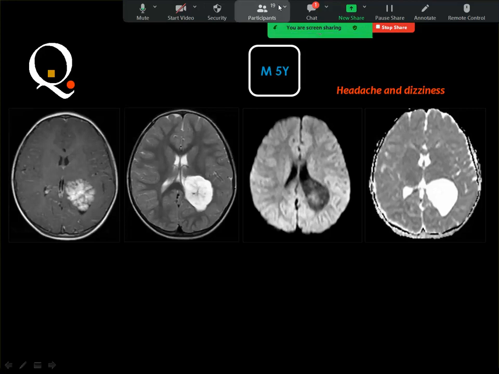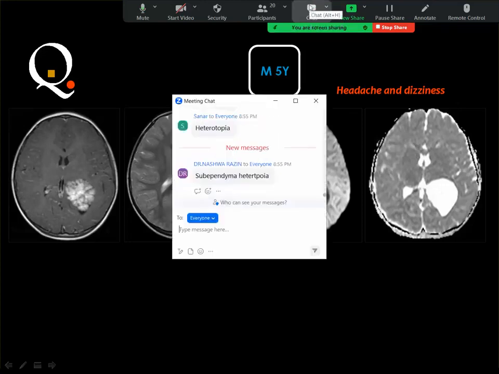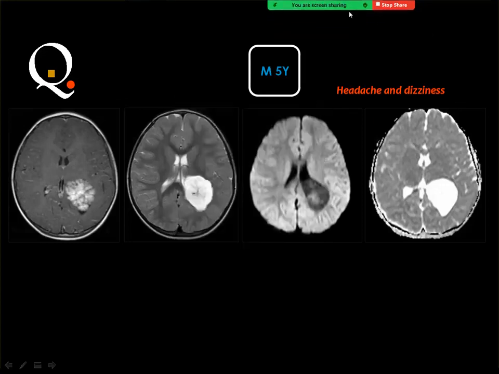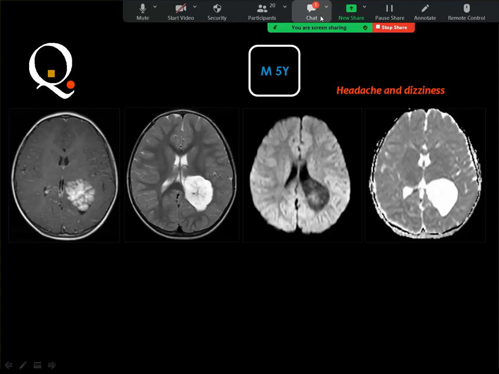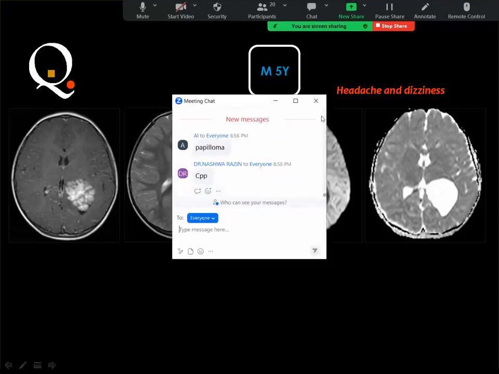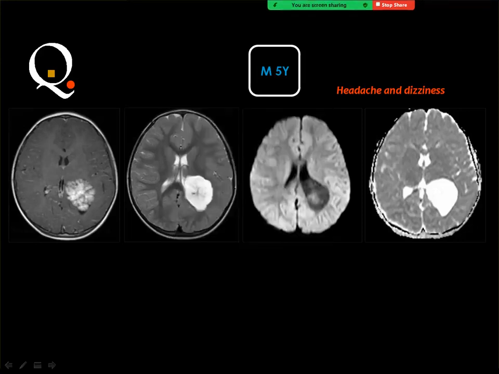Next is a male child, 5 years old, presenting with headache and dizziness. Yes, choroid plexus papilloma. Classic location, classic age, classic MR appearance.